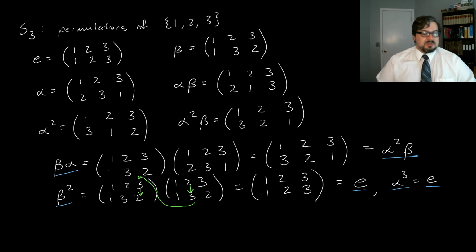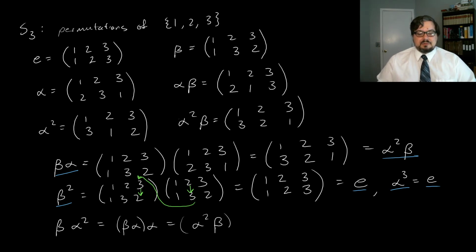So for instance, if we want to know what beta times alpha squared is, well, we could write that as beta alpha times alpha. And we know that beta alpha is alpha squared beta. But we could do that again. We can use associativity to look at beta alpha here.